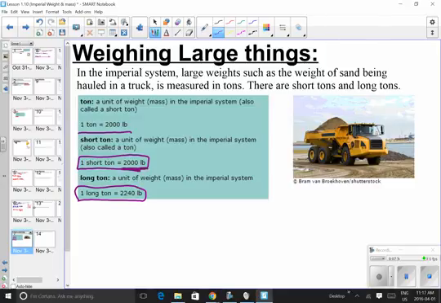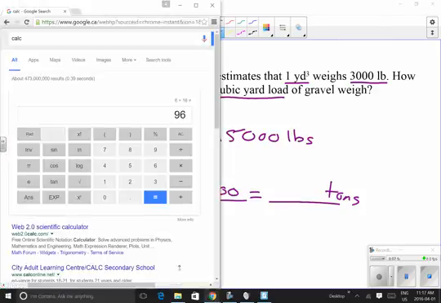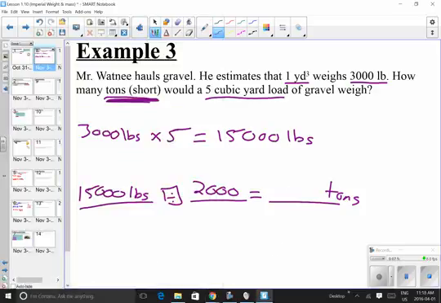Right there. So that's the number that's going to go here. Now a ton is a way bigger unit. So when we switch to a bigger unit, the number's got to get smaller. So 15,000 divided by 2,000. Divided by 2. 1, 2, 3. 7.5 tons.